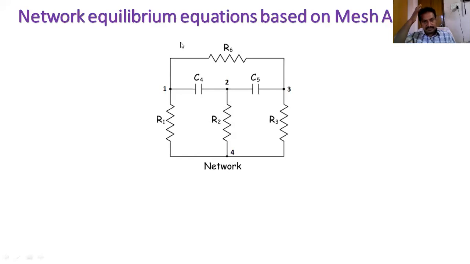See here, this is the network. This network contains 4 nodes and 6 branches. First, we'll draw the graph. Then we'll go through the network equilibrium equations based on mesh analysis. Based on this graph, you'll see nodes 1, 2, 3, and 4. So this is one branch, this is another branch, and so on.